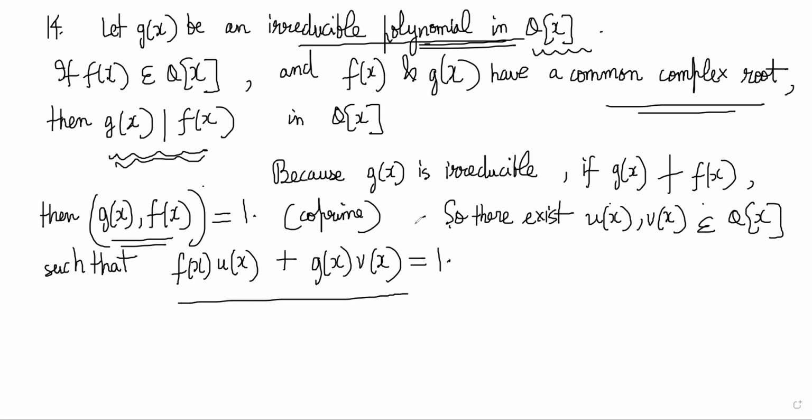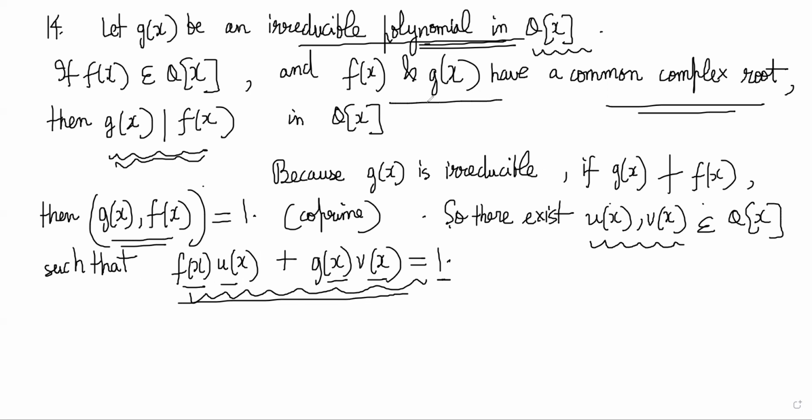Since the polynomials are co-prime, their greatest common divisor is 1, and this is like Bézout's lemma. We are writing f(x)u(x) plus g(x)v(x) must be 1, and there must exist u and v in the Q[x] set like this, right?